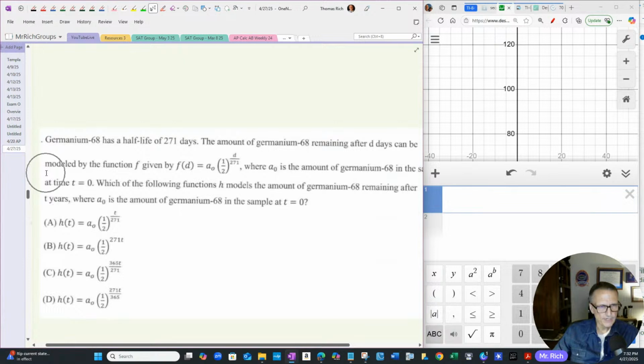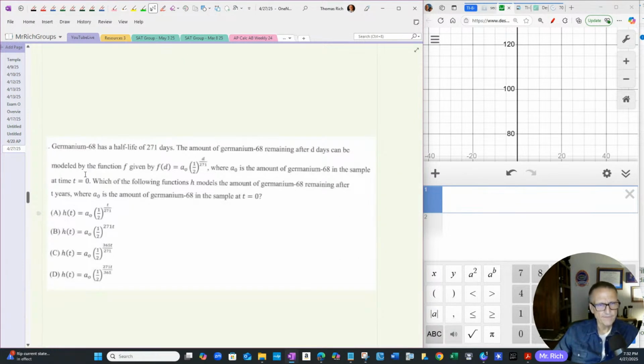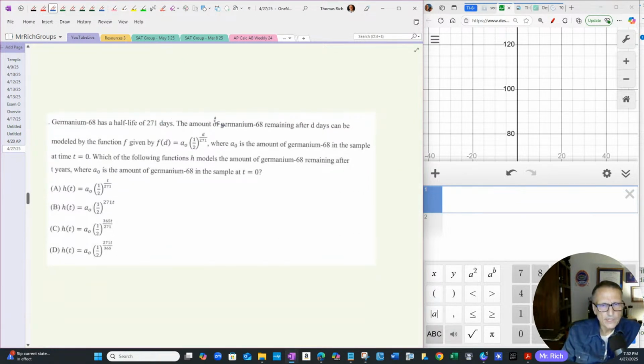Next question. Germanium-68 has a half-life of 271 days. The amount of germanium-68 remaining after d days can be modeled by the function given like this, where A0 is the amount of germanium in the sample at t equals 0. So just your classic exponential decay model right here.